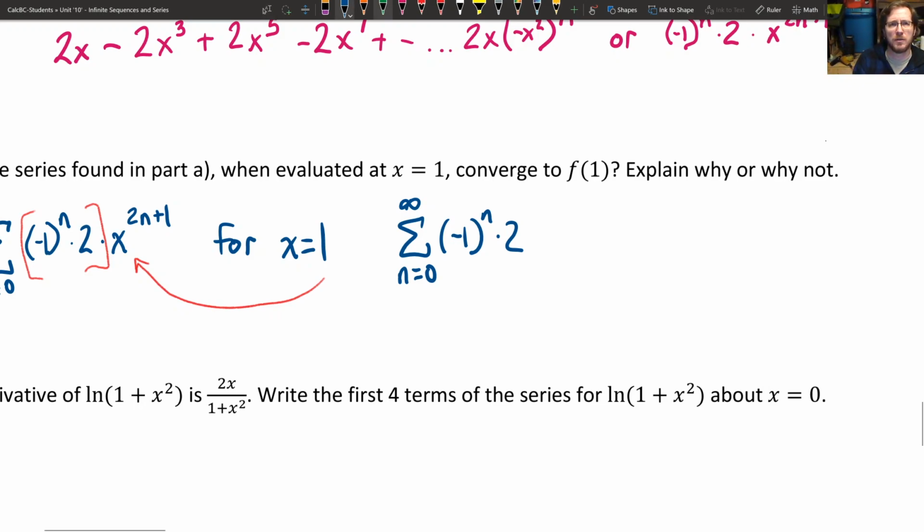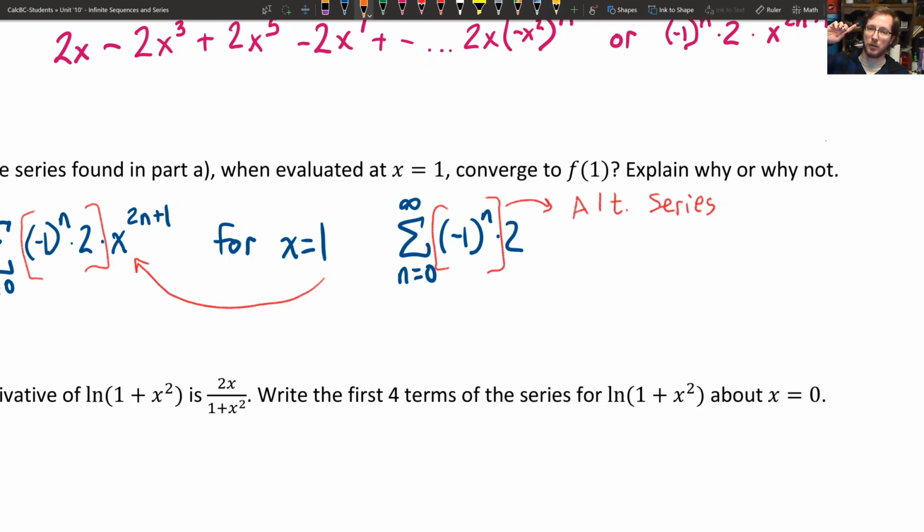So we've got an alternator in here, so this is going to be an alternating series. So let's pull out the alternator and see if we can evaluate the limit as n approaches infinity of what's left.